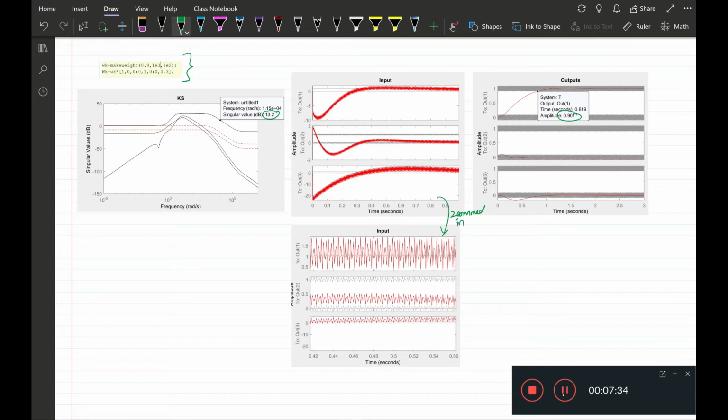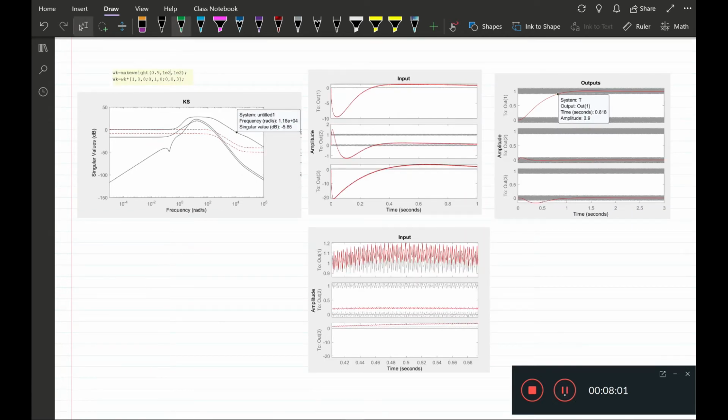Again input, but now we can see that the input is oscillating about 1 with approximately plus minus 0.5 units in the first channel. Once we observe that, we can modify the design and push this roll off frequency to the left. So let's reduce this.